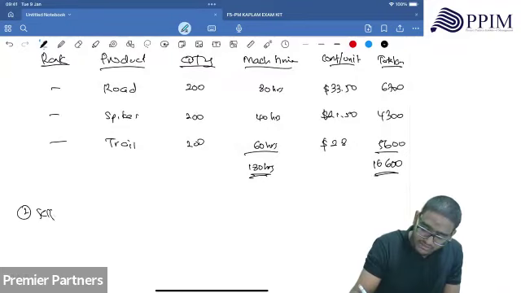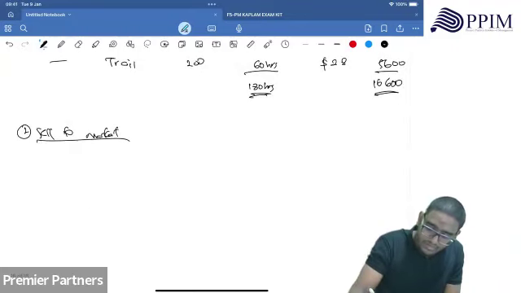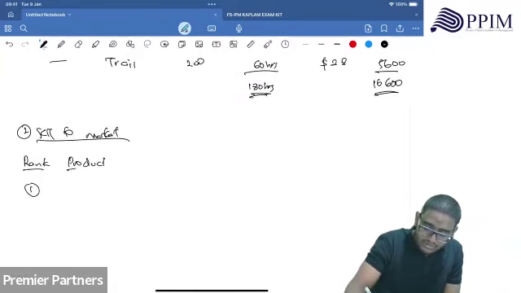Okay, then you sell to the open market. Number 2, sell to market. Now, when you sell to market, you have to consider rankings. So here you will go with ranking. Ranking number 1, your product is spikes. What is the quantity?